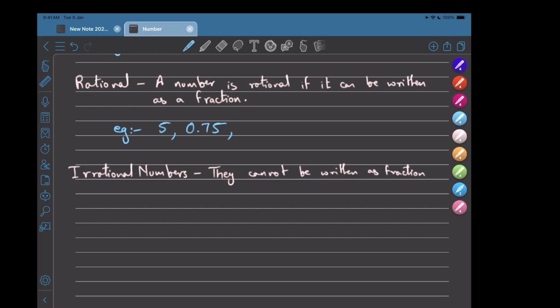So when I say recurring value, let's say you have 0.3333 and it goes on for an infinite amount of time. This is a rational number. Why? Because we can write this as a fraction, which is 1/3. It is a recurring number and it is a rational number. All right, so again, recurring values are also rational numbers. Okay, so I hope that is clear.